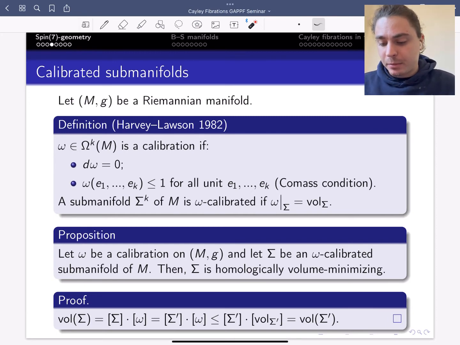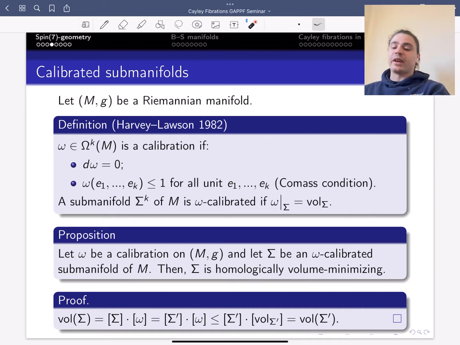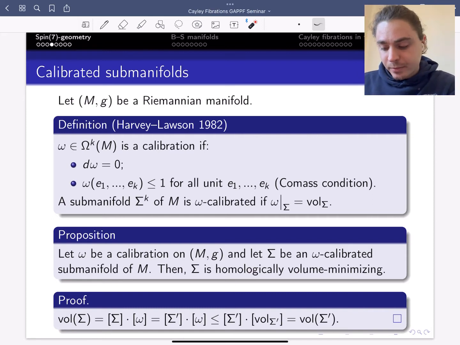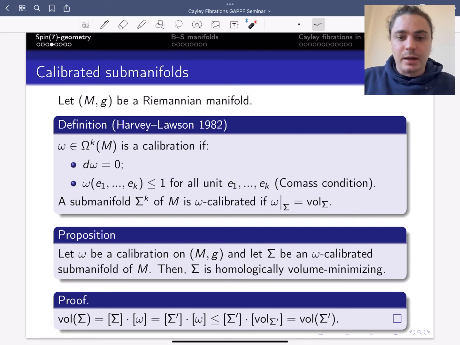Now, by the property that omega is closed and that sigma and sigma prime are chosen to be homologous to each other, we get this equality here. And now by the comass condition, the inequality here holds, and this is just the volume of sigma prime. So in particular, we've proved that given sigma prime homologous to sigma, the volume of sigma cannot decrease.